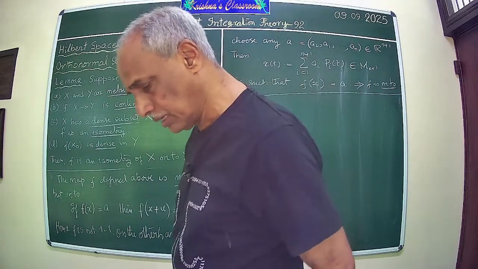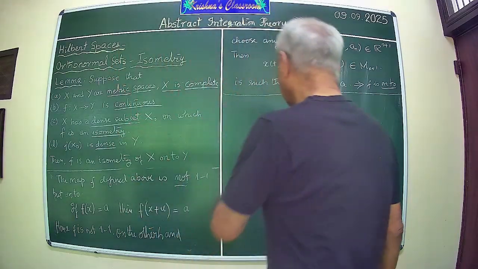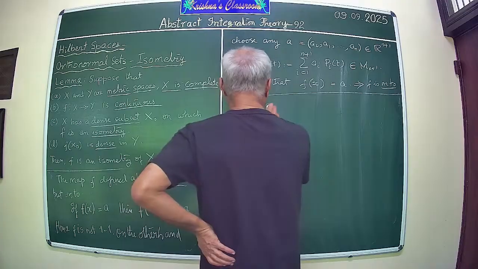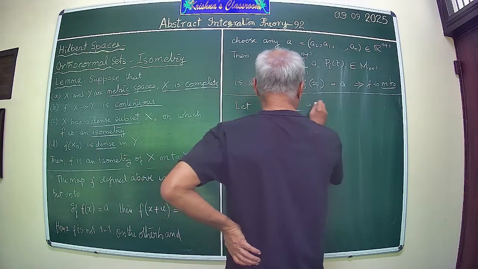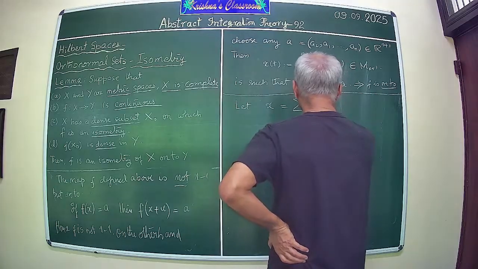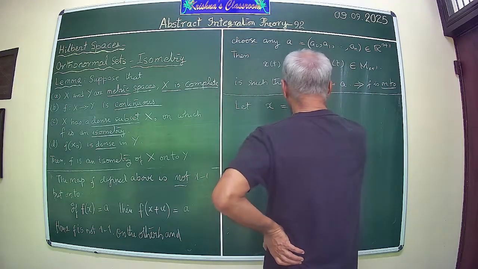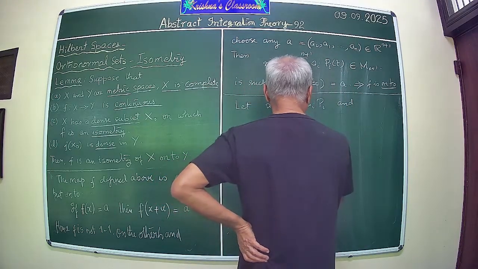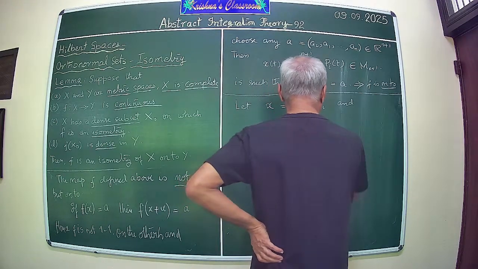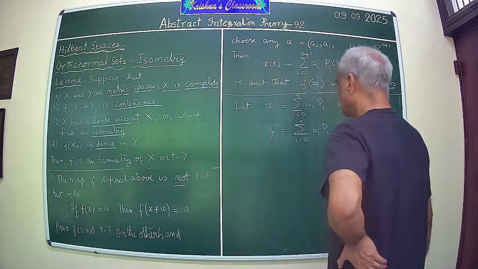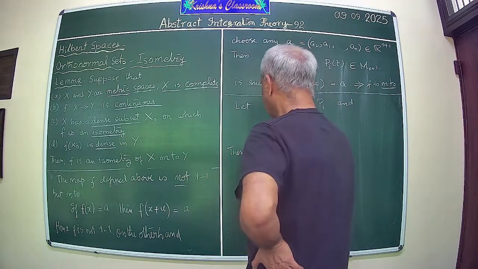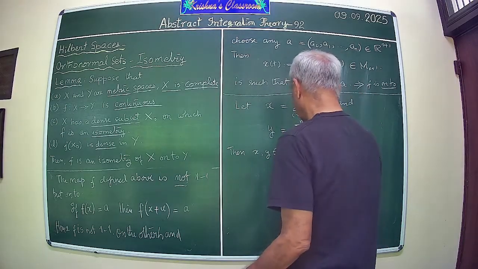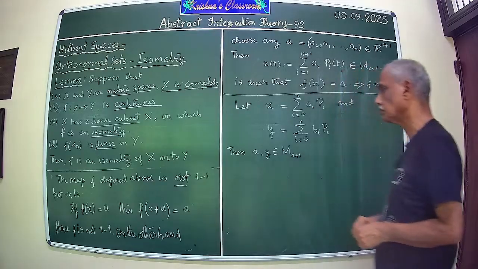Okay. Now another thing that you can observe: let x be the sum of a_i p_i, and y be the sum of b_i p_i. Then these belong to M_(n+1).